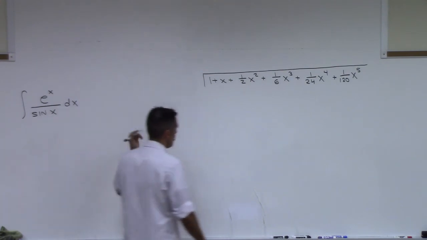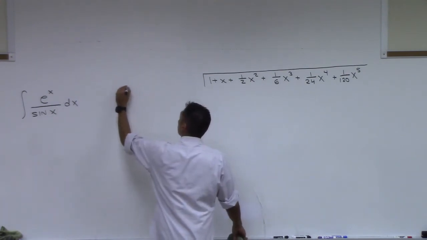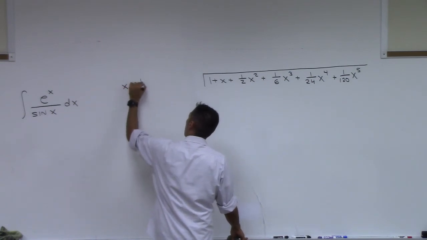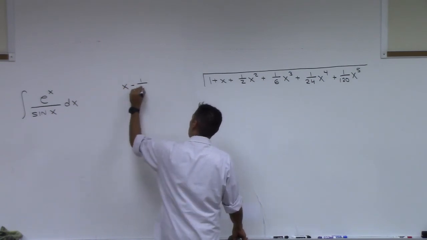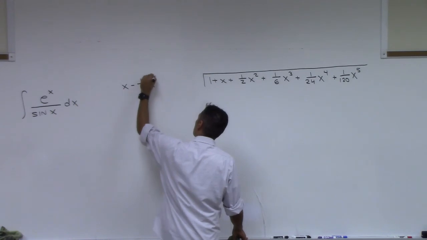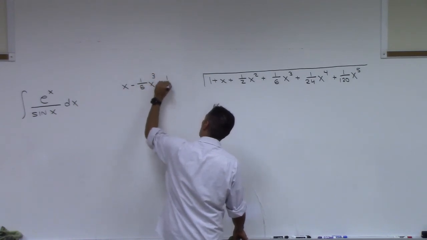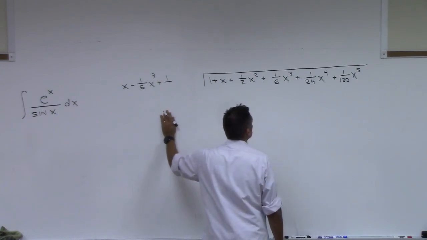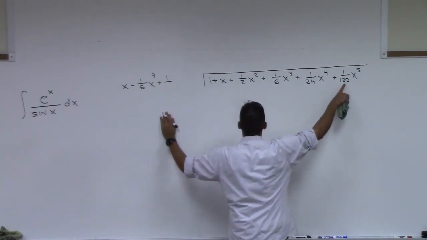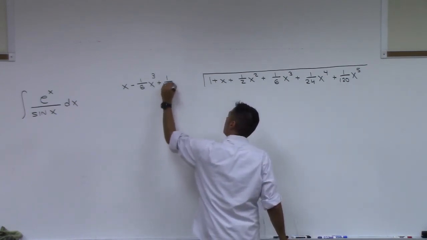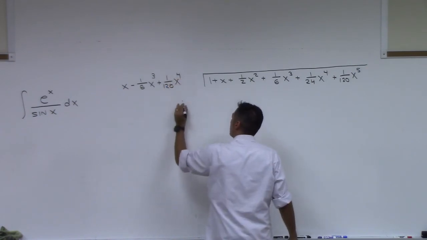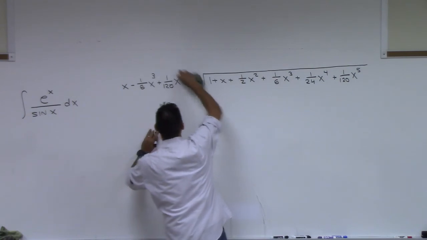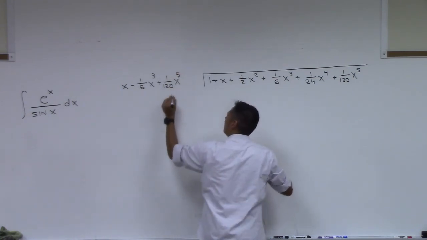So what is the Maclaurin for sine? 1 through 5. So x minus 1 over 3 factorial, so 6x cubed plus 1 over 5 factorial, which is 120, right? 120 x to the 5th.